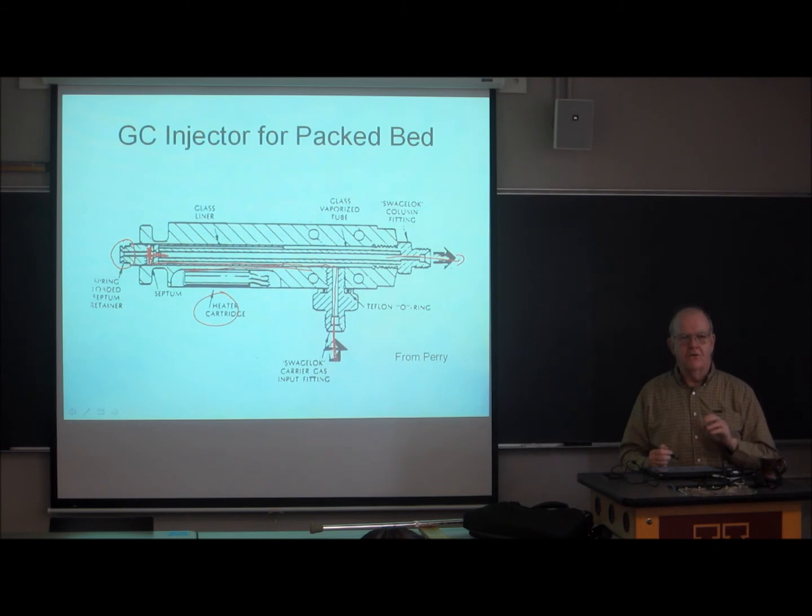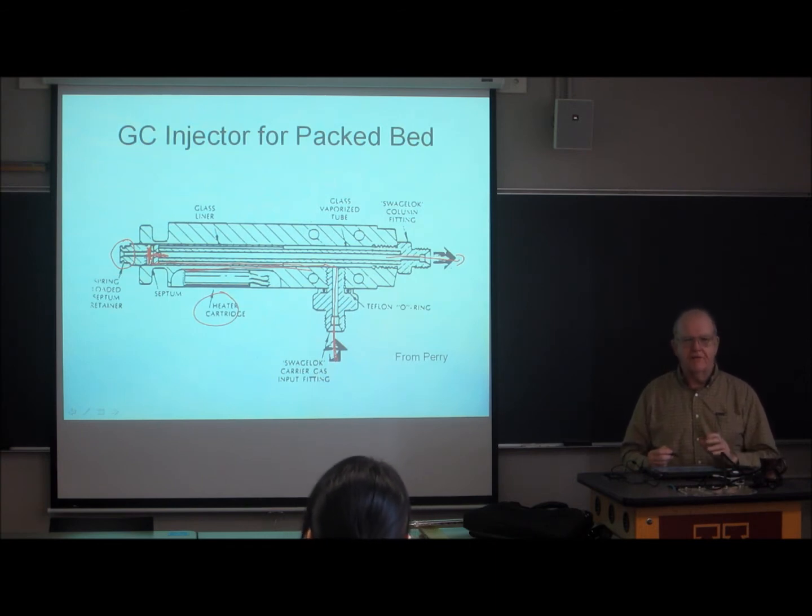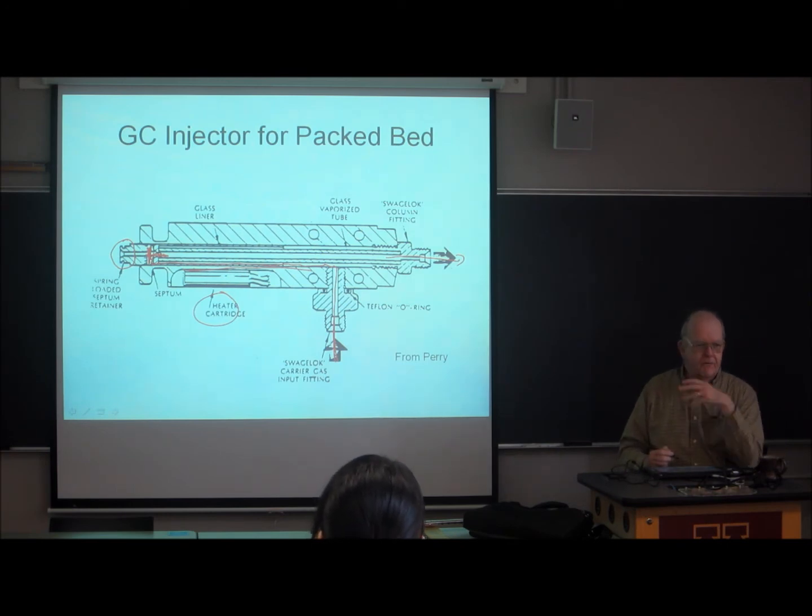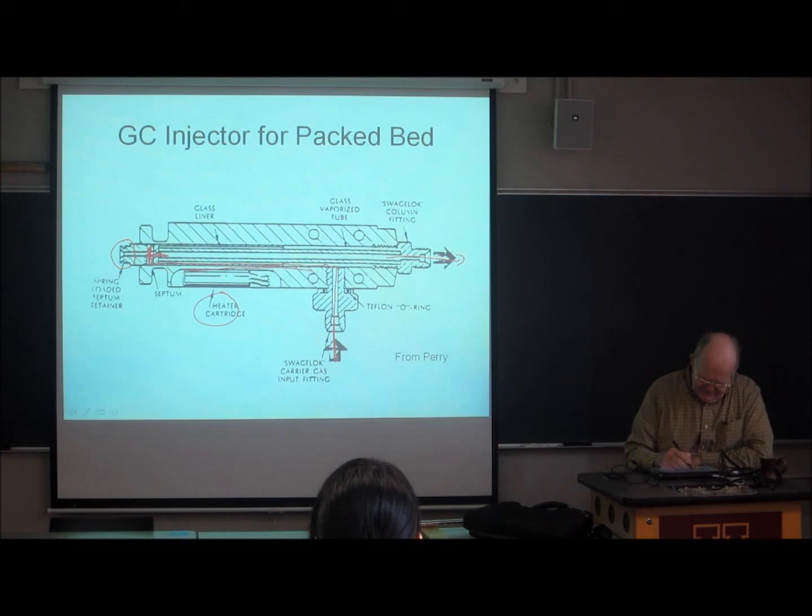Injection liners are normally chemically deactivated by washing them extensively with acid to get any metals that happen to be in the glass out of the glass. They have to be very, very, very pure. After washing them with acid, they are subjected to a process called silanization.